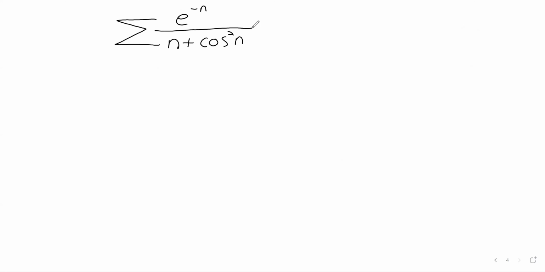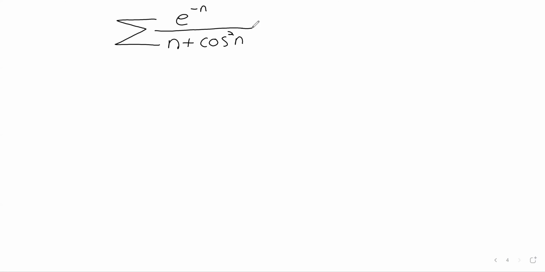But back to this. Do we have any intuition about this? I think this is written in a way that maybe obscures the intuition we ought to have, which is that e to the negative n is putting an exponential in the denominator.